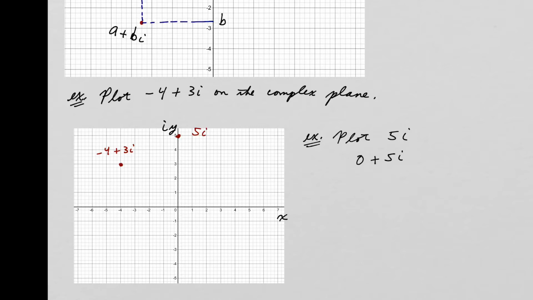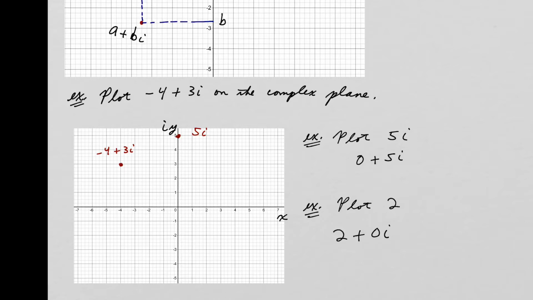Let's do one more. Let's say I want to plot 2, right? So now it's just a real number 2. In terms of a complex number, you could write this as a complex number if you consider the imaginary part to be 0, right? So I can think of this as 2 plus 0i. So I would move 2 to the right and then up 0 on the y.